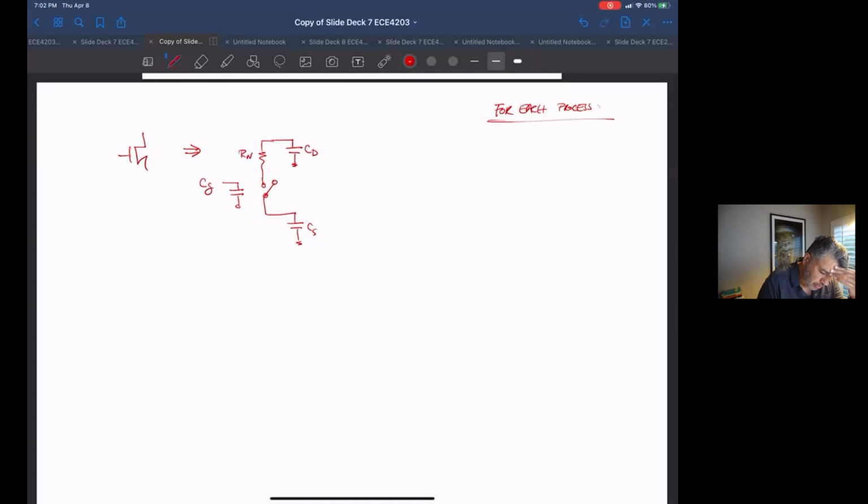Okay, and so for each process, we could come up with a value of R sub n, which is resistance of, what should I call it? Let's call it equivalent.